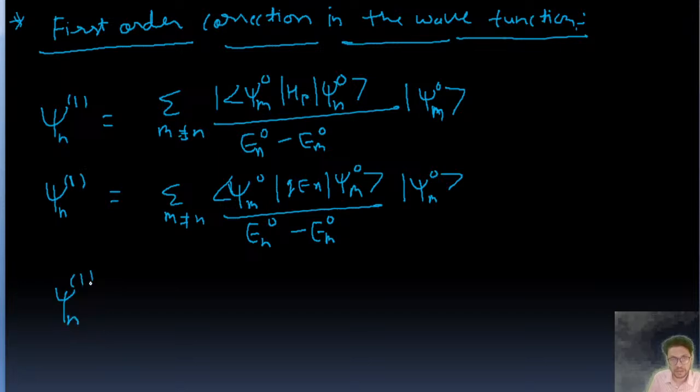So psi n1 is going to be, QE will take common, and the value of x will remain there, and the value of x we know, right? Expectation value, how to find it?